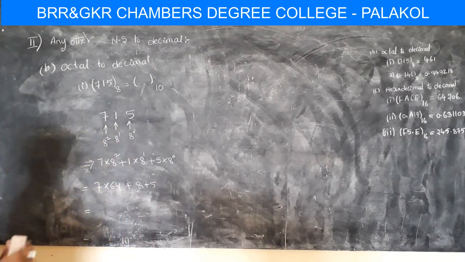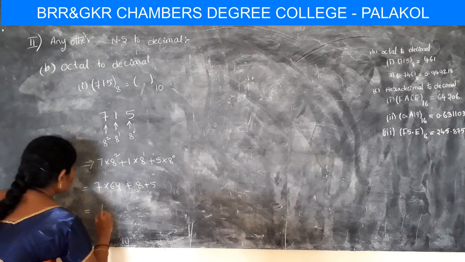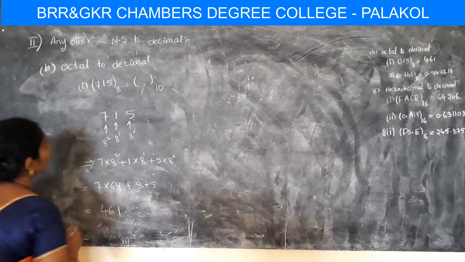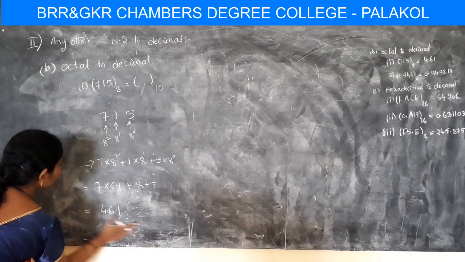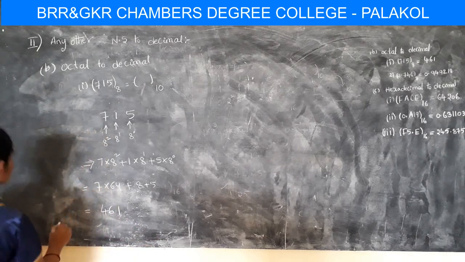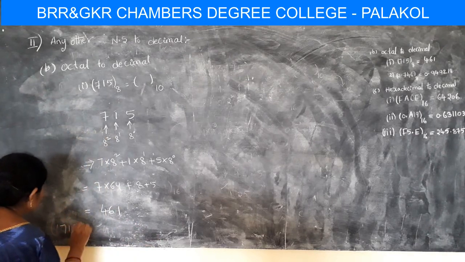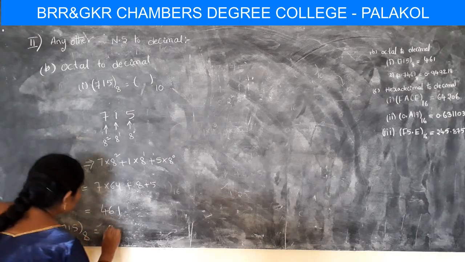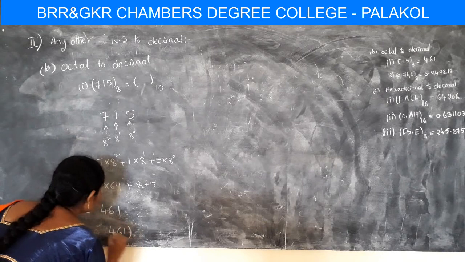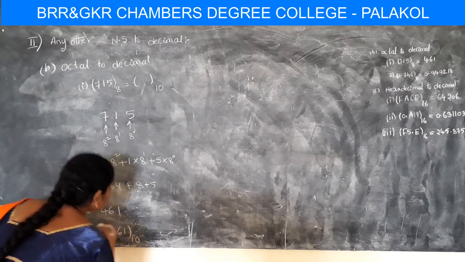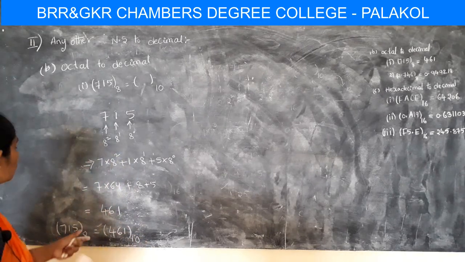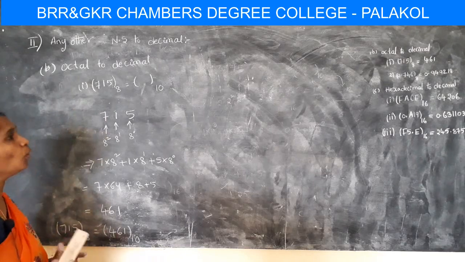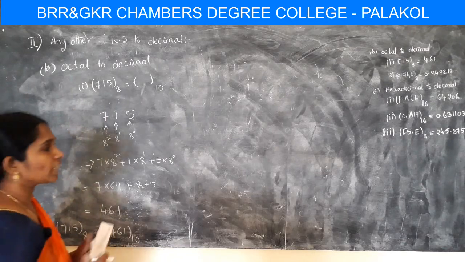Therefore, the final answer is 461. Okay. So finally, how to write this answer? That is 715 is an octal number. The corresponding decimal number is 461 to the base 10. Okay. So in this way we have to do the conversion.